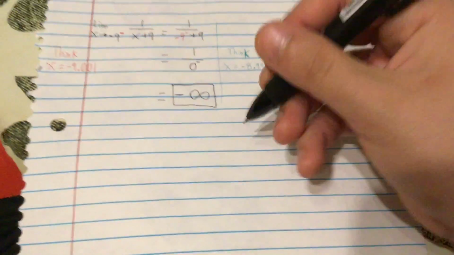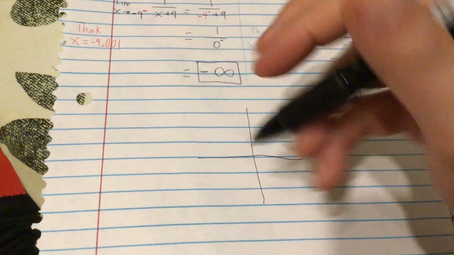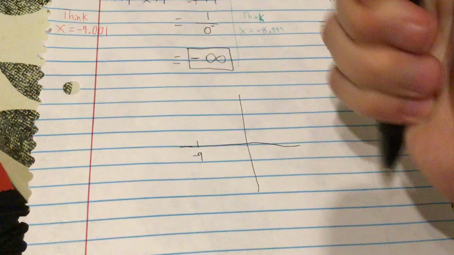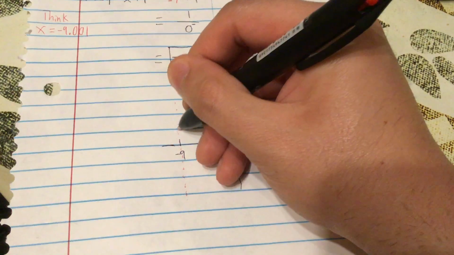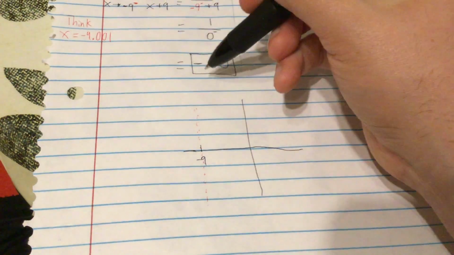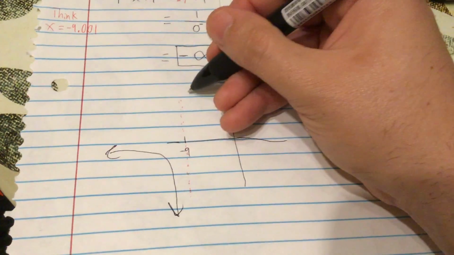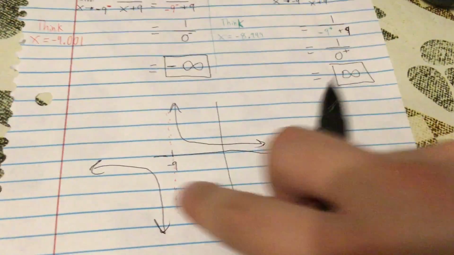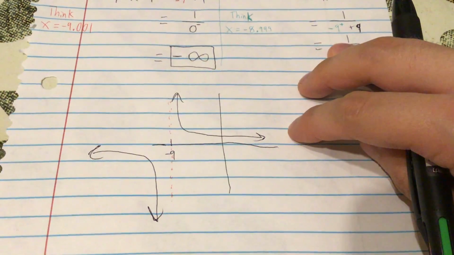So if I were to graph this, again, it's not drawn to scale. Remember, we care about this negative 9 part right here. If I draw this imaginary dotted line, and the left side wants to go to negative infinity and the right side wants to go to positive infinity, they can't agree on where they want to go as x approaches negative 9.